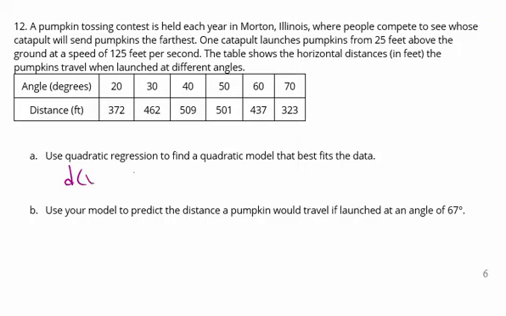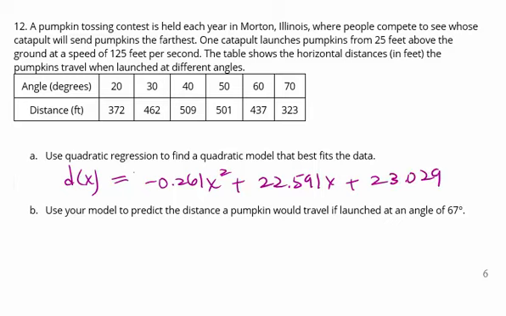Okay, so I'll say this is D of X is equal to negative 0.261 X squared. Okay, I'll round to 3 places, plus 22.591X plus 23.029.